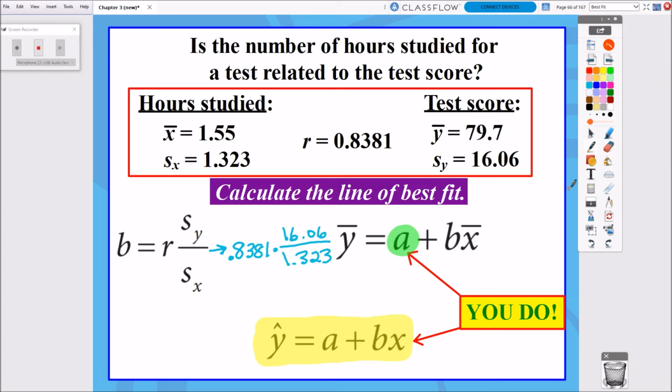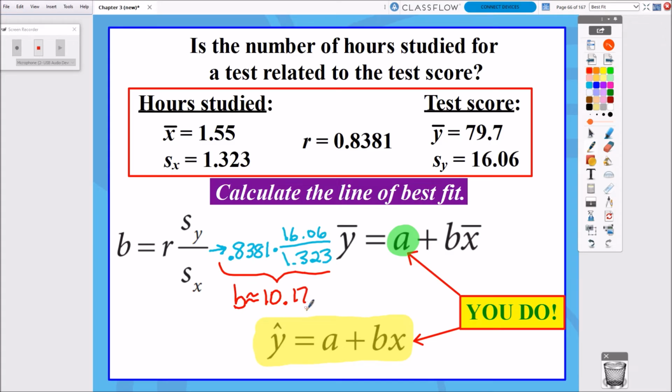So I'm just going to type in my calculator 0.8381 times 16.06 divided by 1.323 without any extra special parentheses or anything of that nature. So all of this tells me that my slope, nope, it's not equal to, it's going to be an approximate number here. And I'm just going to go to 2 decimal places.